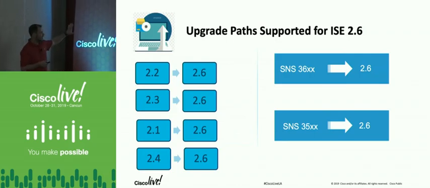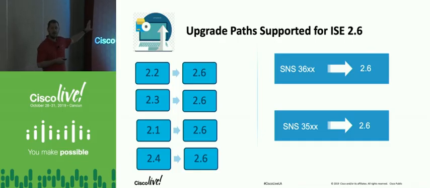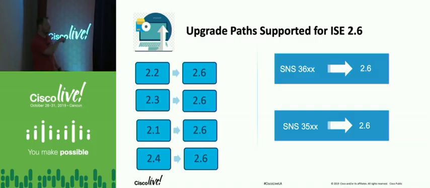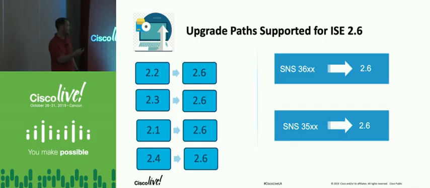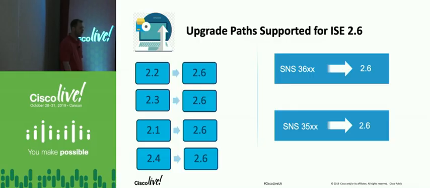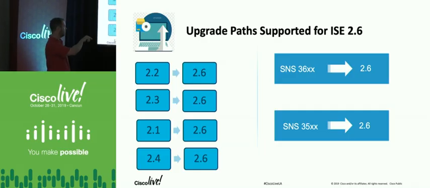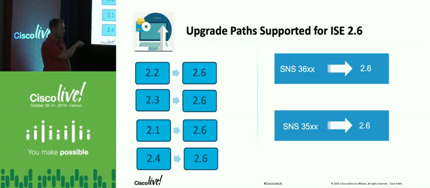Now, if you're running an existing version, from an upgrade path point of view, to get to 2.6 in the new software, you can go from 2.1, 2.2, 2.3, 2.4, all directly up to 2.6. From a hardware support point of view, just like 2.4, you're going to be running only the 35XX.